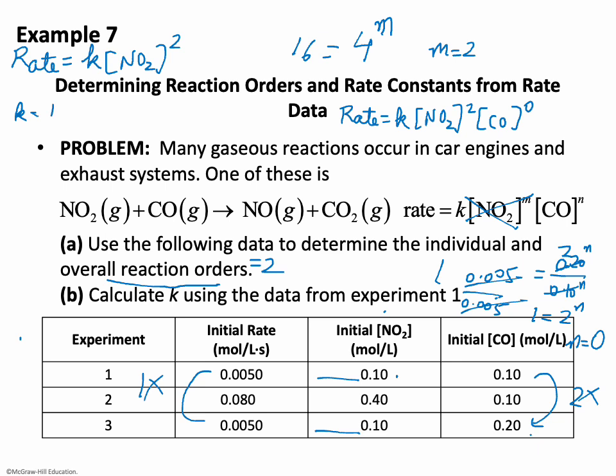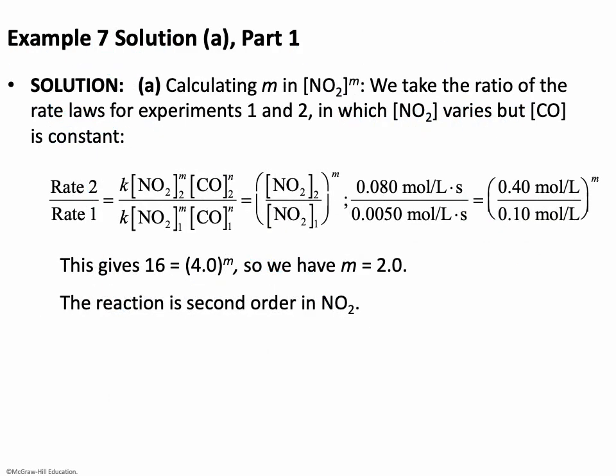K is equal to rate divided by NO2 squared. So experiment number 1, this is my rate, put that in. This is my concentration, put that in, squared, and I don't care about CO because it's not in my expression. And that's it, and you're done. Solve for this. So it's all done here.